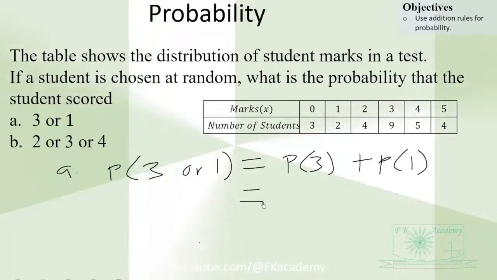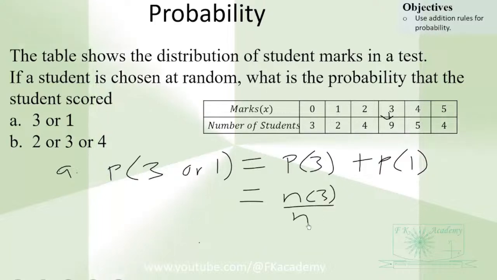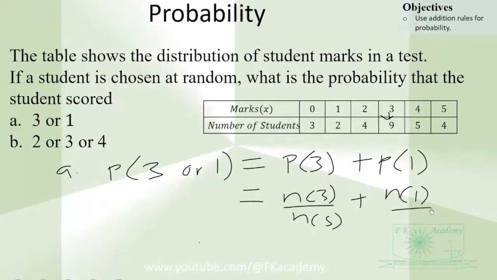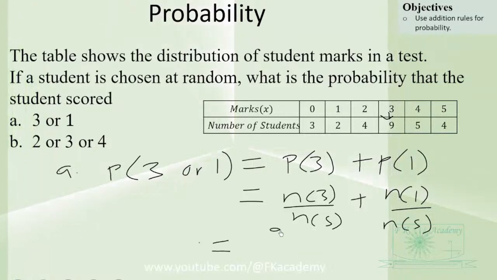The number of students who scored 3 are 9. So number of students who scored 3 over number of elements in the sample space, plus number of students who scored 1 over number of elements in the sample space. We don't have an intersection here. So this will give us 9 over the sample space.